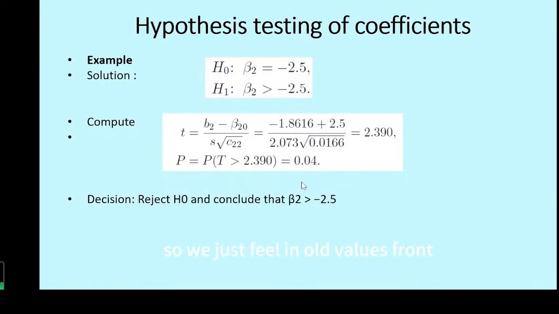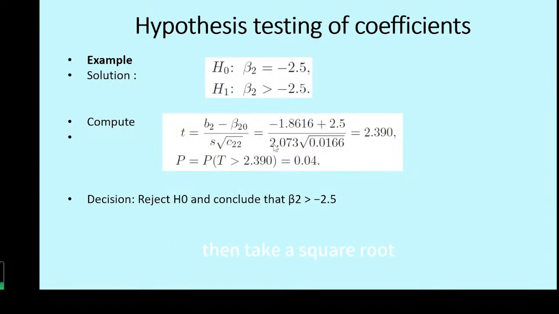So we just fill in all values from the estimation. This is the point estimate for beta 2, and we subtract this value, which is actually plus 2.5, then divide by s. S is the square root of the sum of squared errors divided by n minus k minus 1.